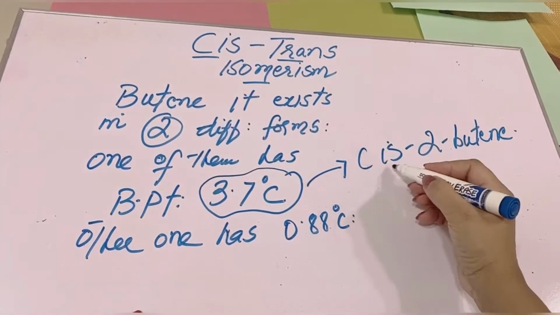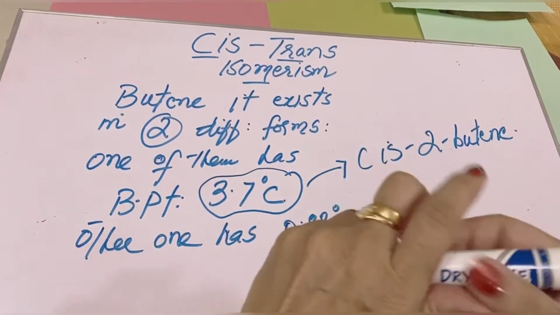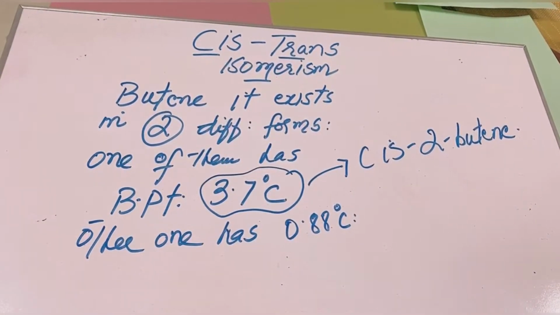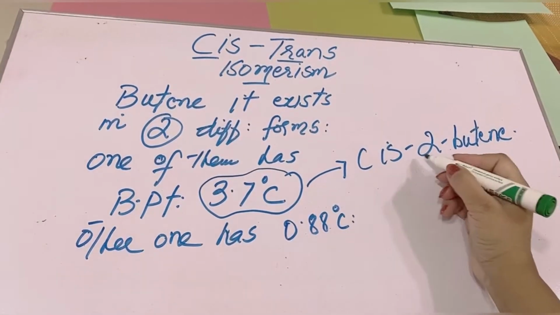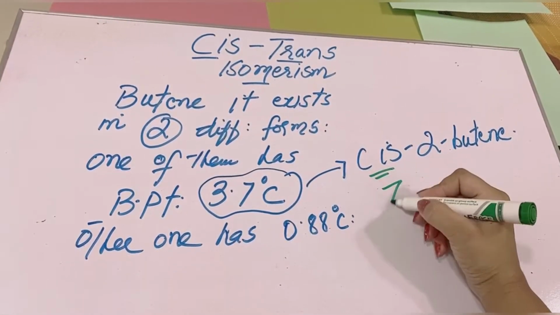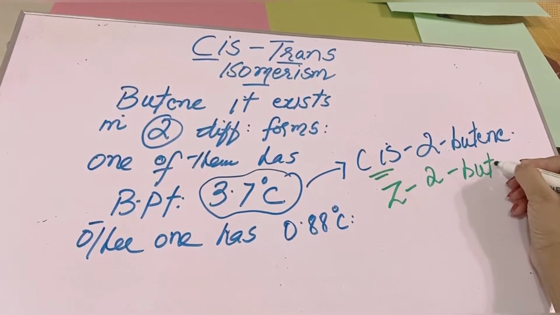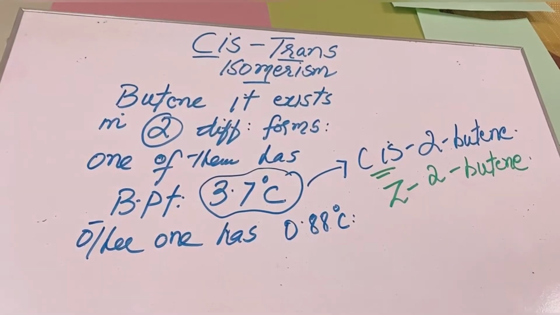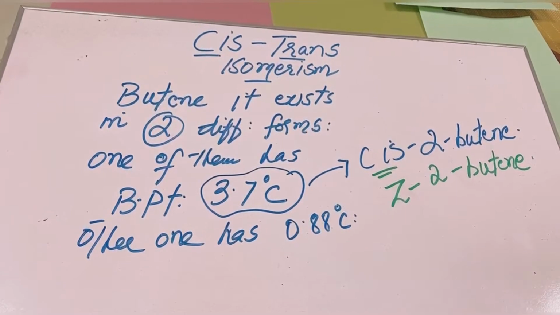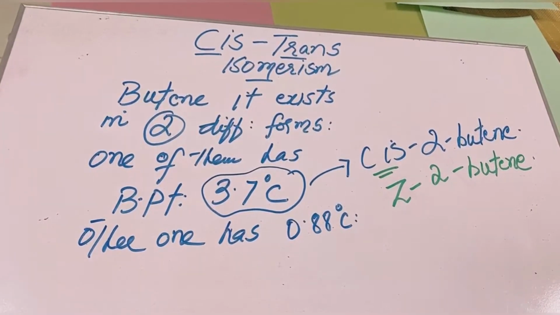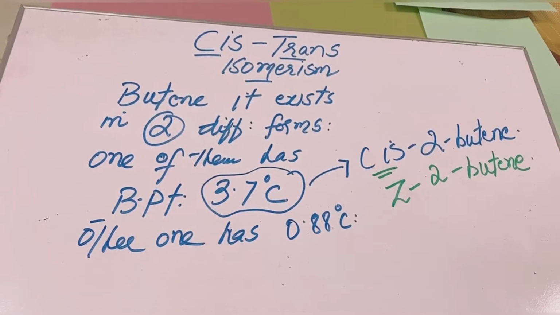Now cis-2-butene, or you can also call it, I will write it with another color, cis-2-butene or Z-2-butene, one and the same thing. Now I will let you know what Z stands for. Why the cis form is also called Z form, I will let you know in a minute. So the compound that has a greater boiling point is called cis-2-butene or Z-2-butene.